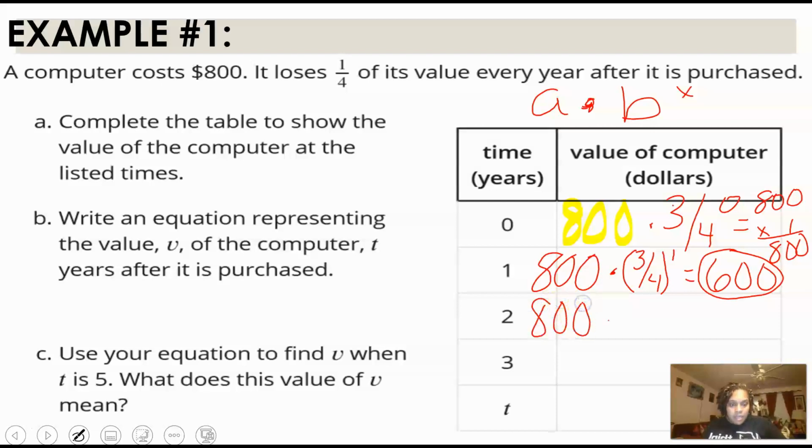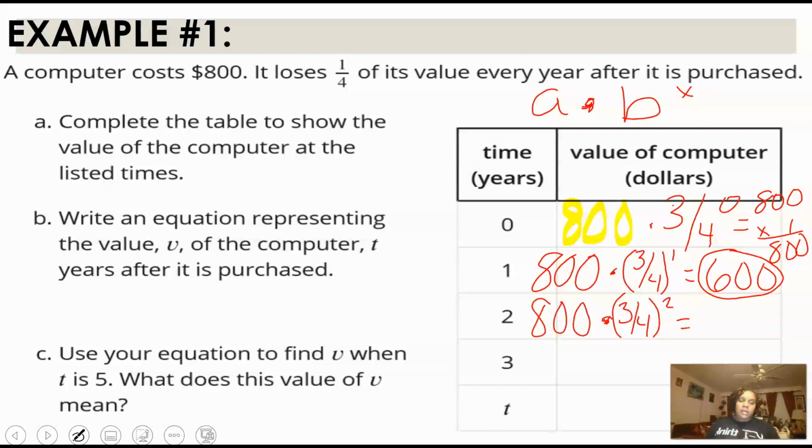800 times 3/4, and now this time 3/4 is squared. Now that's saying 3/4 times 3/4. 3/4 times 3/4 is 9/16.